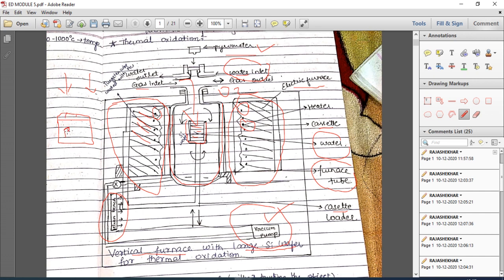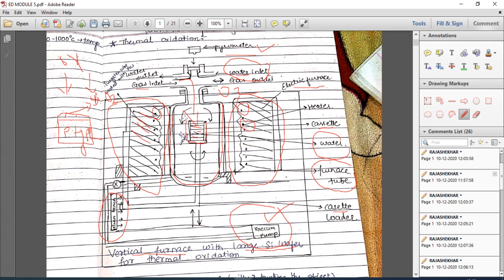If I take this as a p-type or n-type substrate, which is made up of silicon, it will be exposed to this oxidation and form a silicon dioxide layer. And I said that this silicon dioxide layer acts as an insulator between the terminals and the substrate. It requires this much temperature and a furnace to perform one oxidation process.